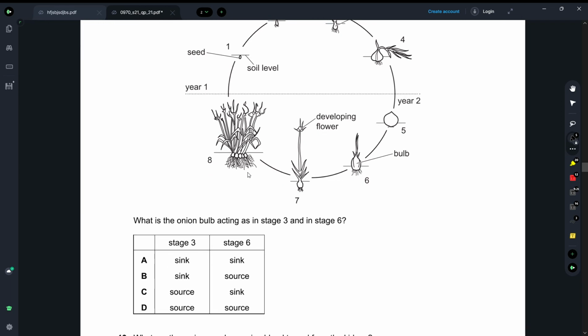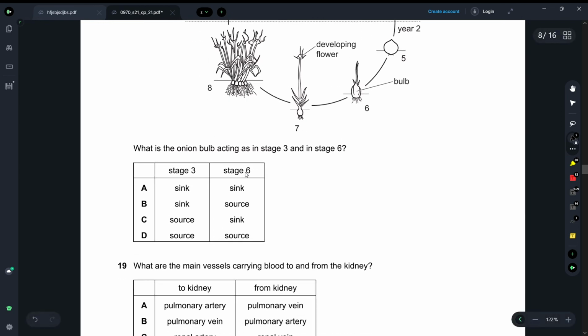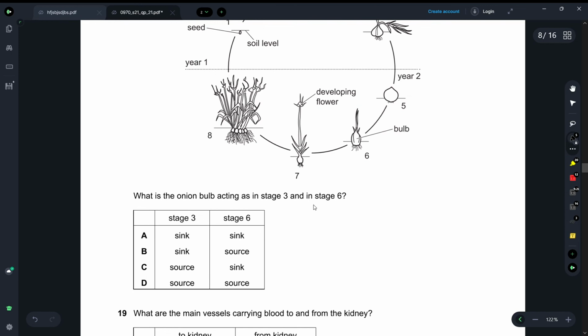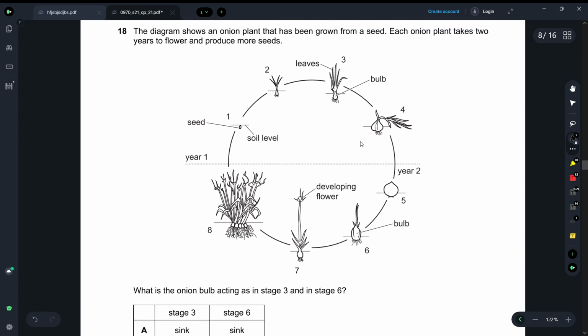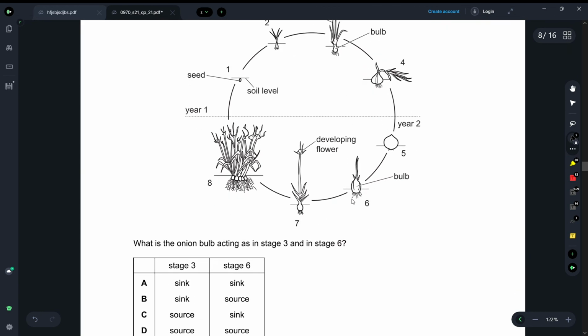The question is asking what the onion bulb is acting as in stage 3 and stage 6. In stage 3, it's acting as a sink, and in stage 6, it's acting as a source. Okay, guys, sink and a source. So B again.